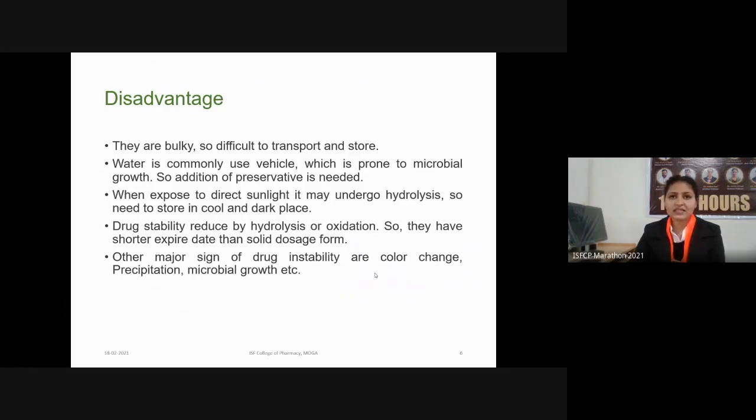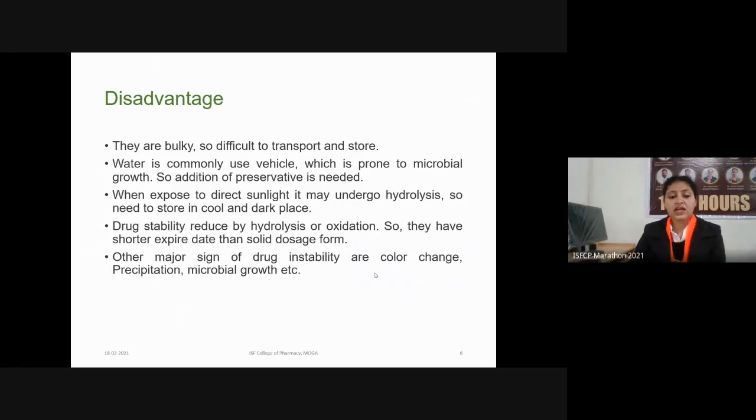As we open the lid of the container and it comes in contact with the environment, the moisture present in the environment can cause hydrolysis of the medicament. So it is recommended to store them in a cool and dark place.